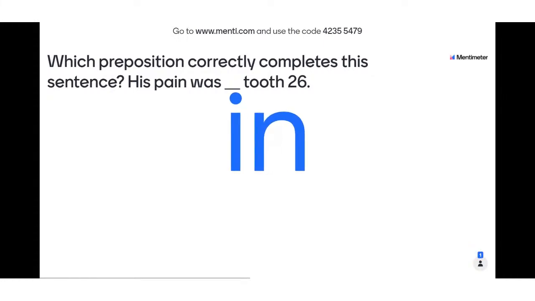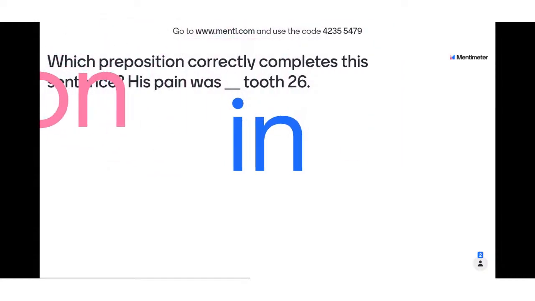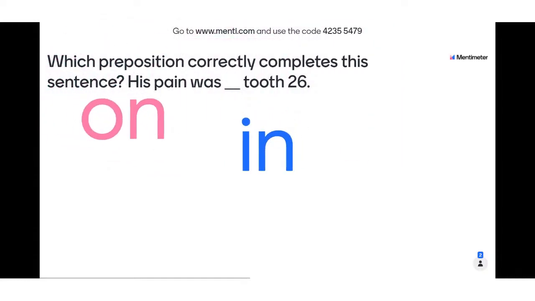How would we complete this sentence with one word? "In" has come through on the poll. And we've got "on" as well. Tatiana is saying in the chat.